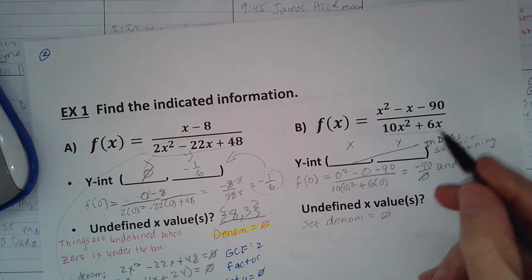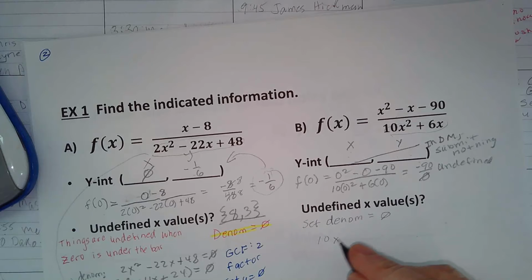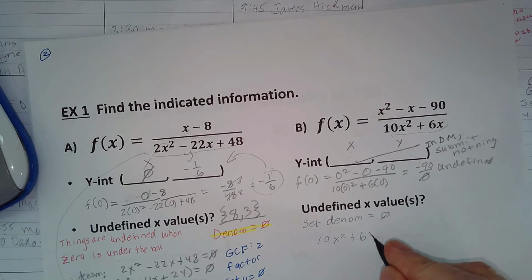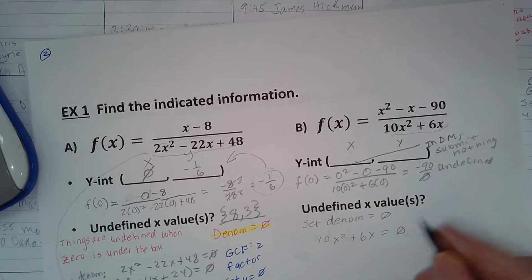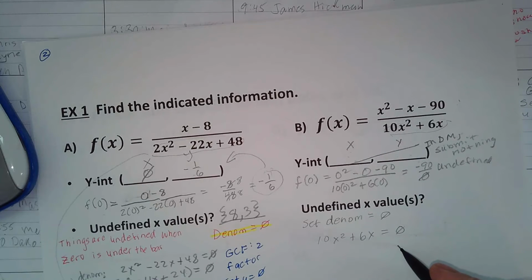So here's our denominator. So we're going to type in 10x squared plus 6x and make that equal 0. That's what this is up here. Okay, we're just bringing it down.